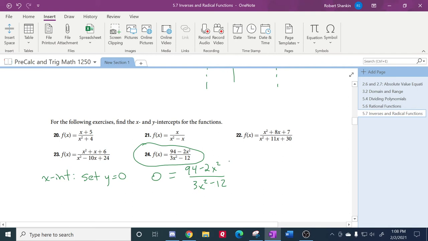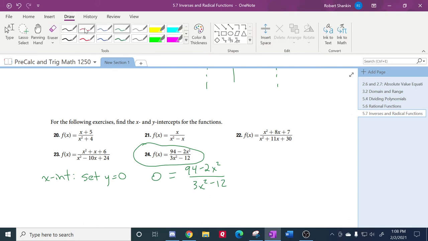Okay, now this is a fraction. So the only way a fraction can be 0 is if the top is 0. So this top part must be 0. So I'm going to get 94 minus 2x squared equals 0. I'm going to add 2x squared to both sides.